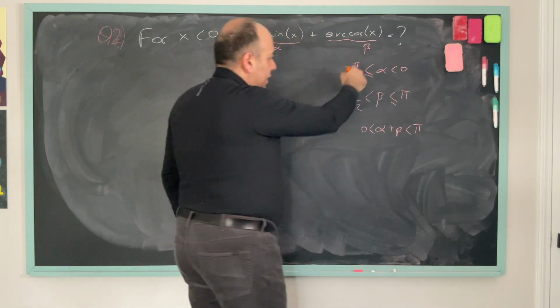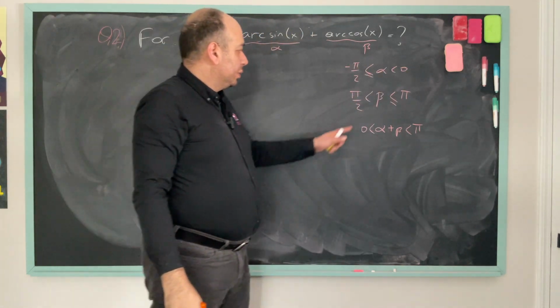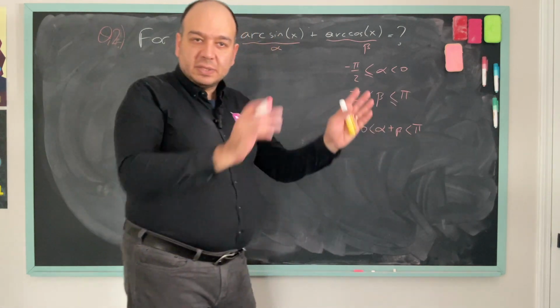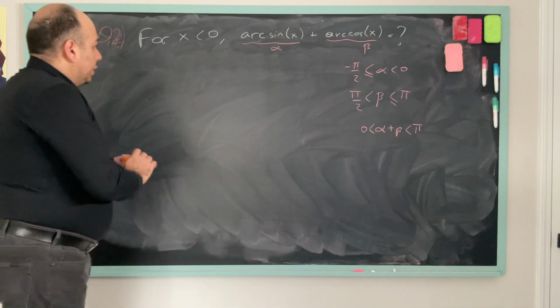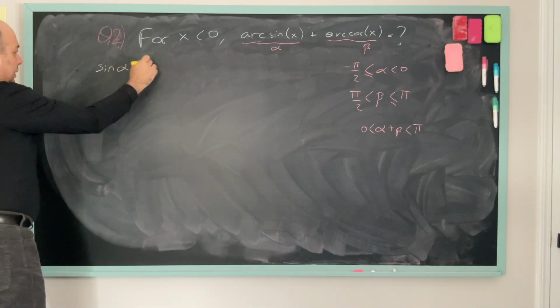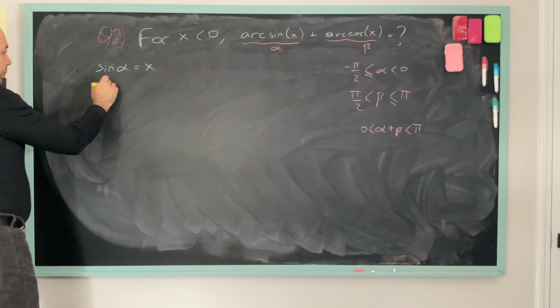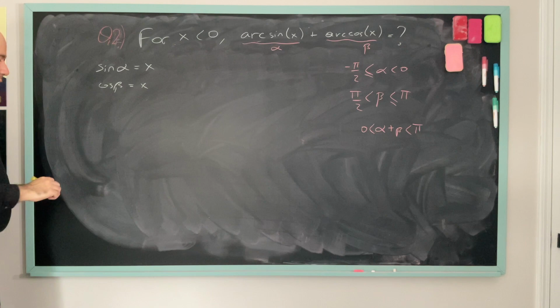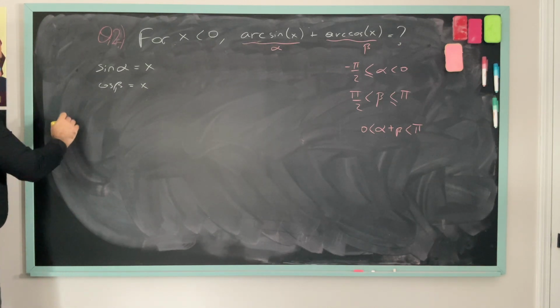Alpha is going to be between minus pi over 2 and 0. Beta is going to be between pi over 2 and pi. Alpha plus beta is going to be between 0 and pi. Okay, so now we know that sine alpha is going to be x and cosine beta is going to be x.